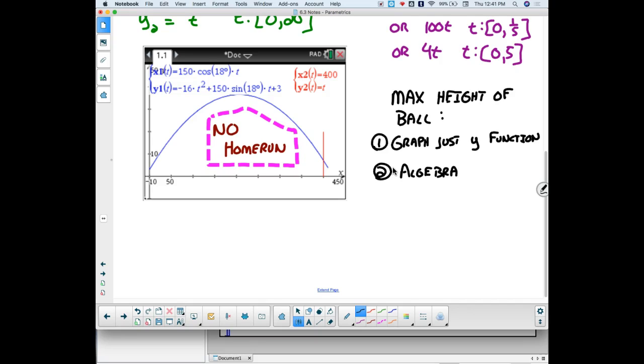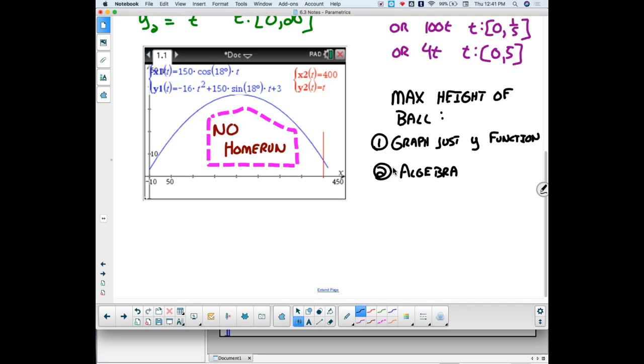Back in probably Algebra 2, you learned that the maximum of an upside down parabola, which is what the path of my ball is, correct? Is an upside down parabola. You learned that that maximum happens where? Where does the maximum of a downwards opening parabola happen? Or the minimum of an upwards opening parabola?